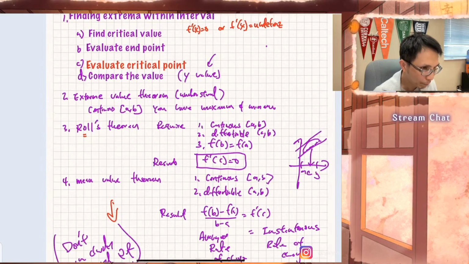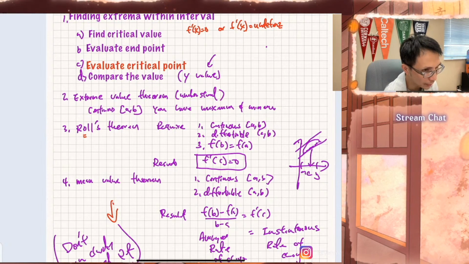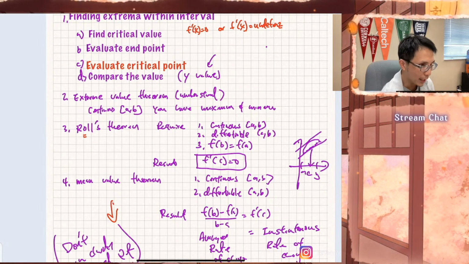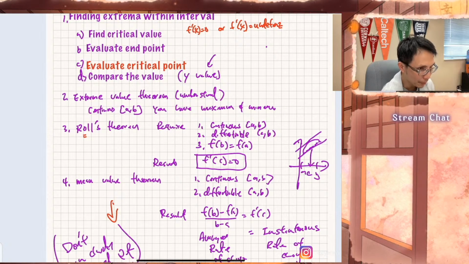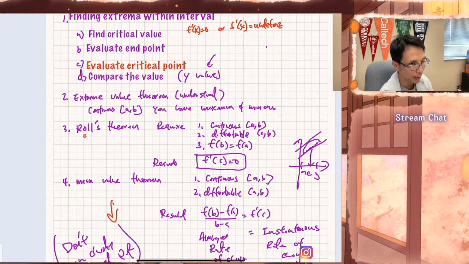All right, so for one of the test questions, you're going to have to find the extrema within the intervals. Basically, what I would do is find the critical values: f prime of x equal to 0 or f prime of x undefined.